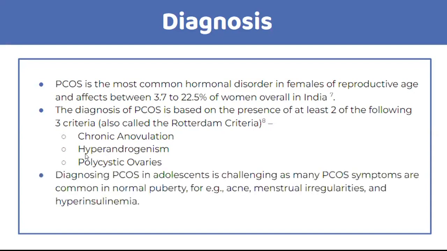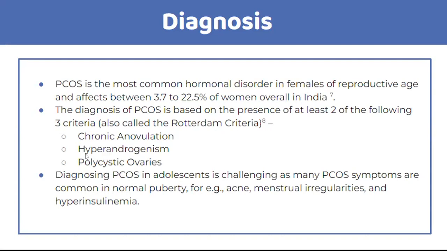Diagnosing PCOS in adolescents, meaning your teenagers basically, is challenging as many PCOS symptoms are common in normal puberty. For example, acne, menstrual irregularities, hyperinsulinemia.